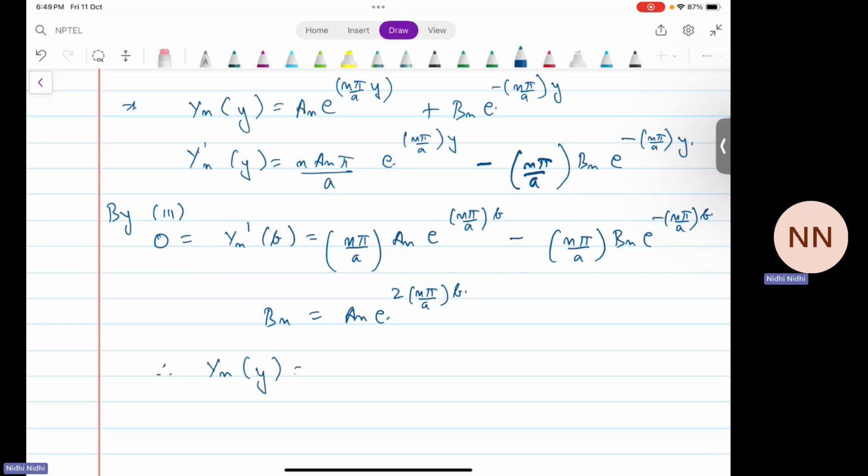Therefore, y is equal to, let's take this an to be common outside, e to the power n pi by a y plus e to the power n pi by a times (2b minus y).